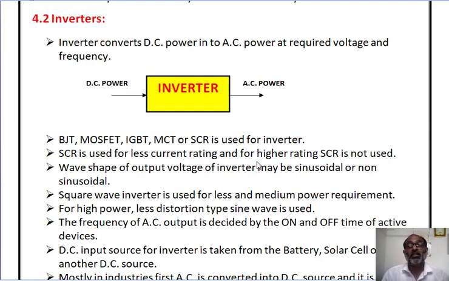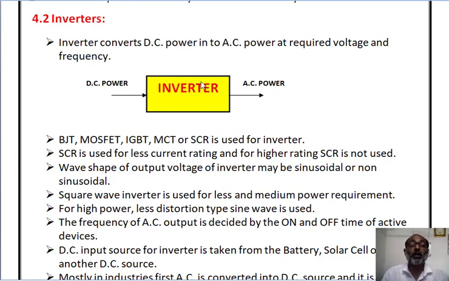That means AC components are present in the DC, so it is not pure DC. First, the AC component is removed from the DC output voltage by using a filter. Then this pure DC is applied to the inverter. So it is most important.